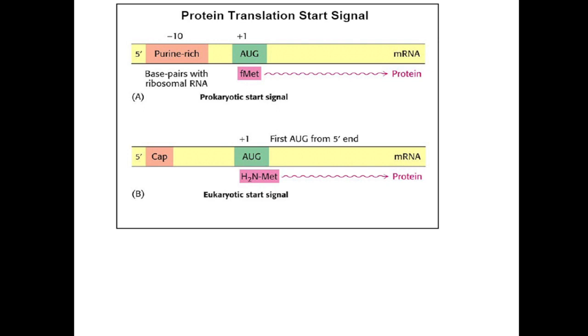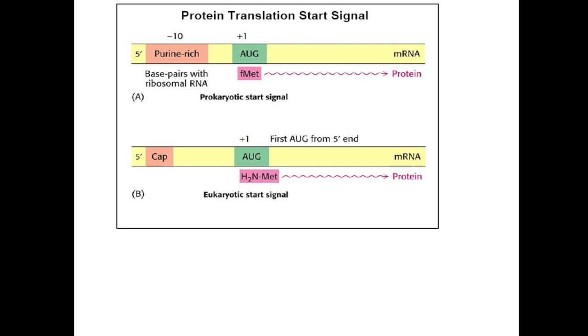Well, and now about the next steps of translation. In messenger RNA it is necessary to have a specific start signal, which will be the beginning of polypeptide chain synthesis.